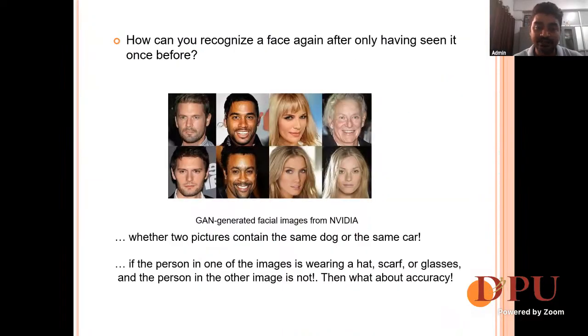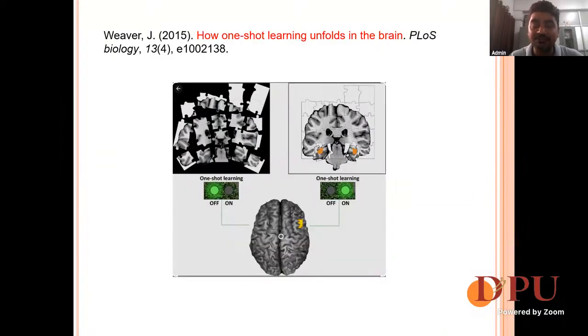The idea was actually given by NVIDIA, where they tried to solve the face recognition problem, but if you're wearing a mask, a glass, or a hat, the result might be different, so it needs sometime fine tuning. Two pictures containing the same dog or the same cat are not actually detected by such kind of thing. It's difficult, but still people tried.